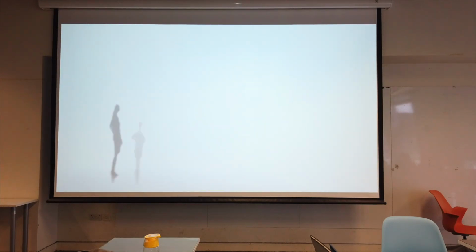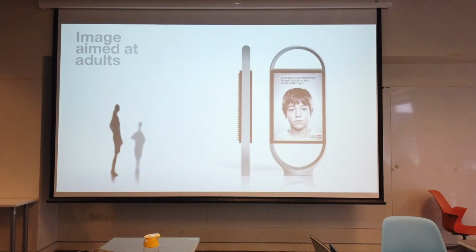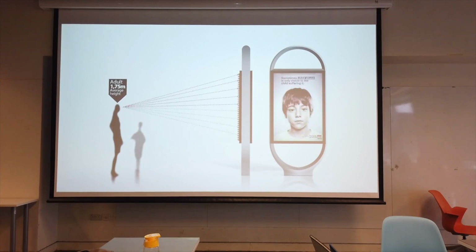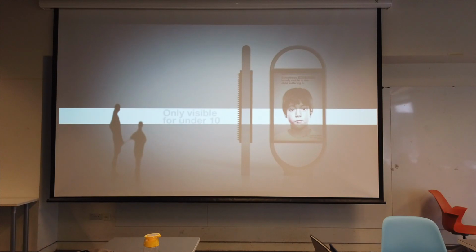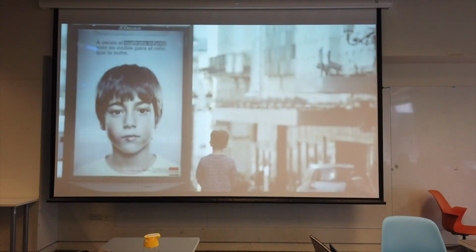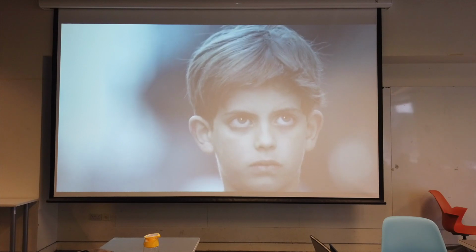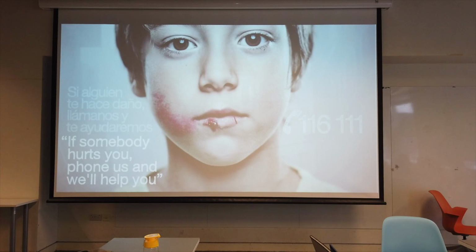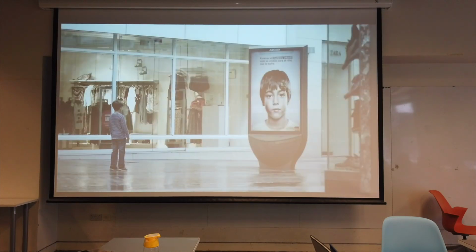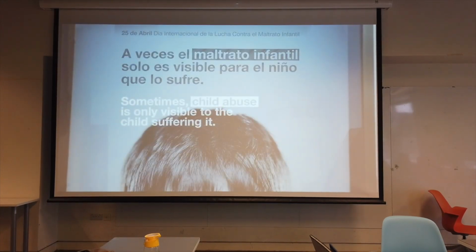The editor uses a lenticular to assemble two images, the one aimed at adults and the other aimed at children. The lenticular allows you to see one image from one angle and a different image from another angle. From the average height by age, we can determine what part of each image will be seen by each person. In this way, we find an area only visible by children under 10. A message only for children. And a warning for adults.